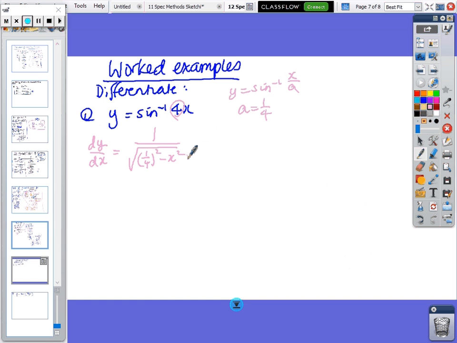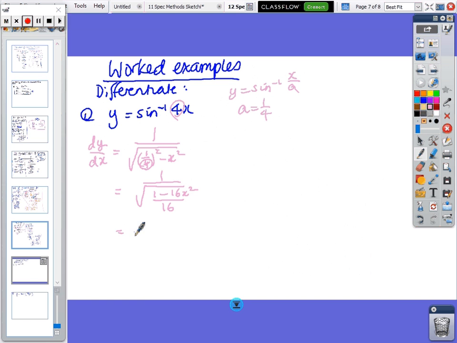Now that's pretty ugly, lots of fractions. So we've got 1 over square root, and that number is going to be 16. If I combine these two, the lowest common denominator is going to be 16. So that'll be 1 squared is 1, and then we've cross multiplied the 16 to there.